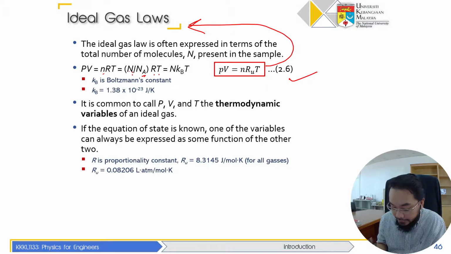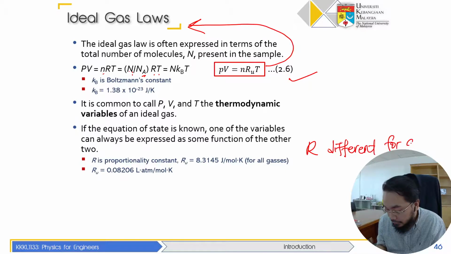R is different for different types of gas, but we can have Ru, the universal gas constant, which is applicable to all gases.